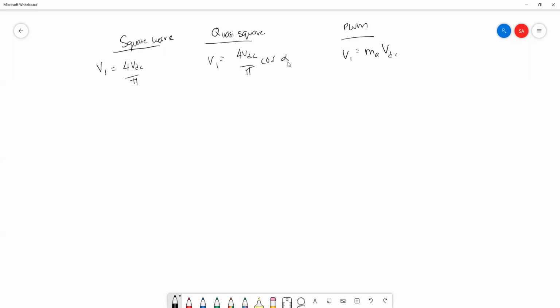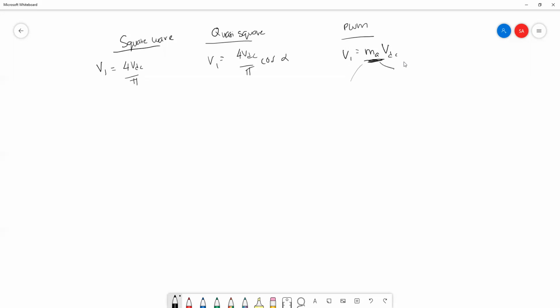But please note that this alpha is not selected to control the output voltage, but to eliminate single harmonics at the output spectrum. The only method that allows voltage control is the PWM, where we have MA, which is a variable.